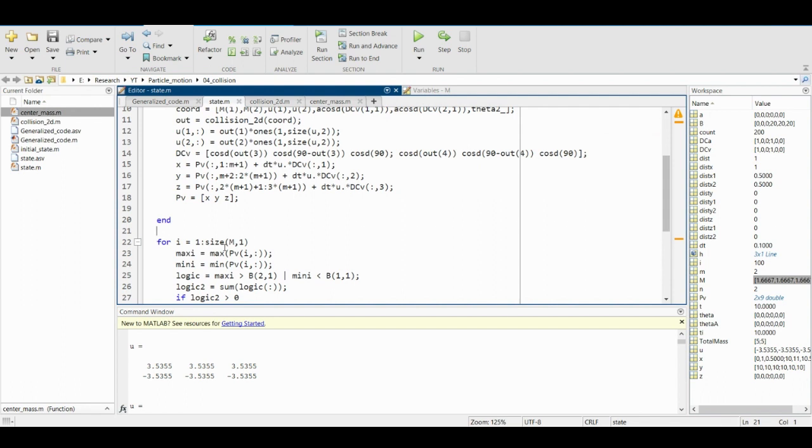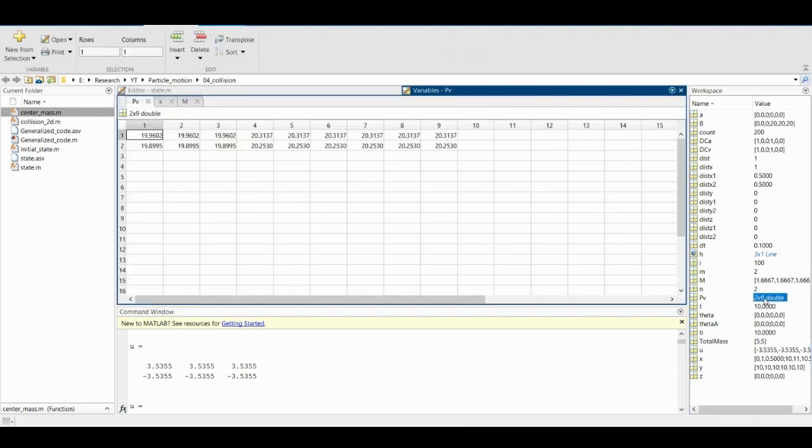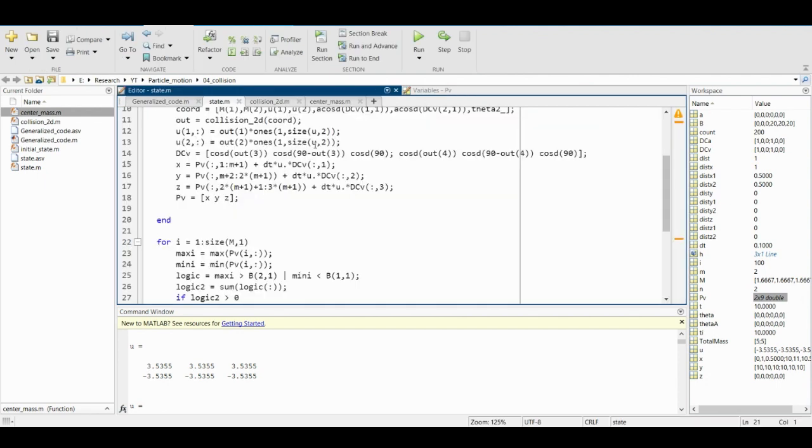So for particle first, it should be like maxi of particle PV. Oh my goodness, that is a thing. I throw in all columns, first row, so position vector, I will open position vector. So this means maximum of P every this thing.